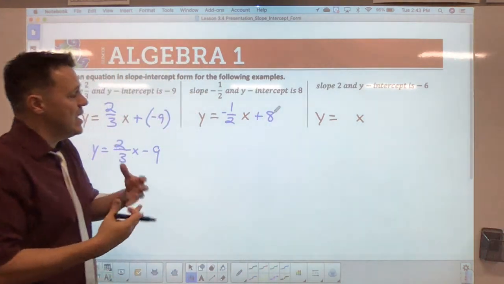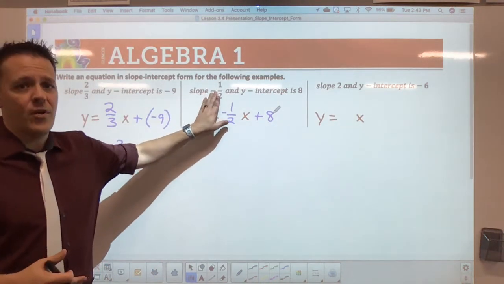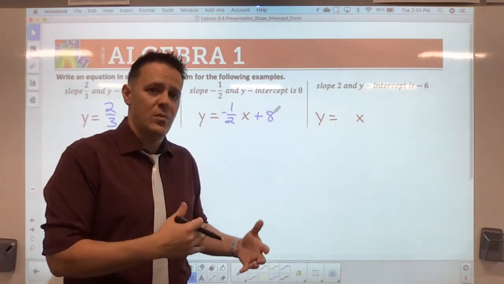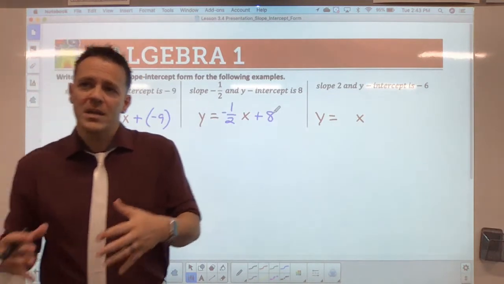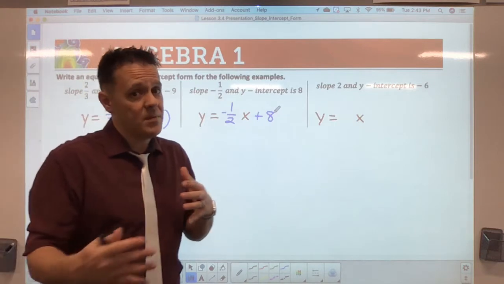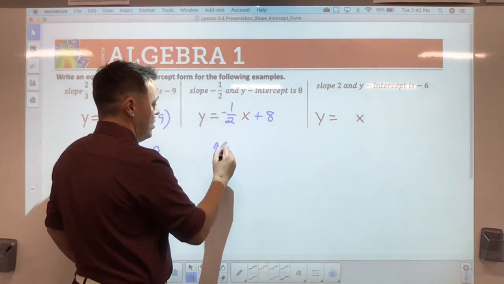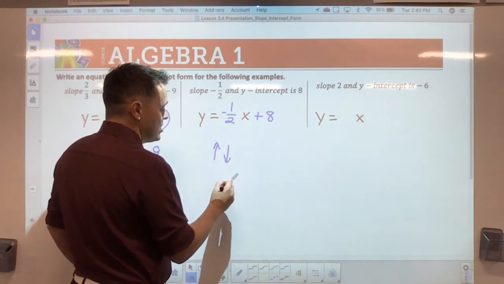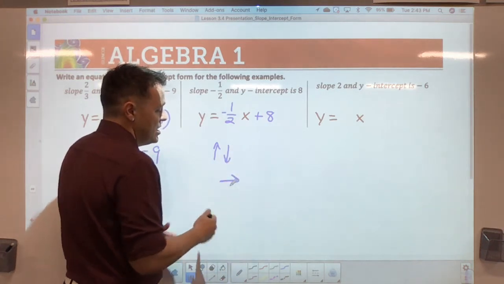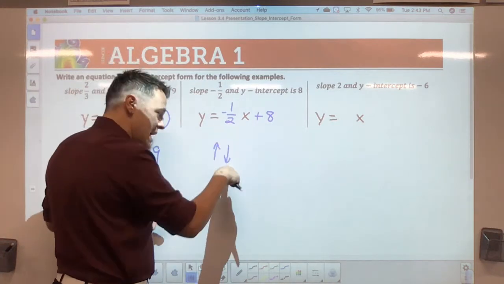Now, you can see on the example here, they put a -1/2 with a negative sign out front. When we're talking about slope with this form, I try to put the negative number with the top. The reason for that is when we've talked about rise over run, the graphs are either going to go up or down, and they're always going to go to the right. So what you need to know is, depending upon this number, is it positive or is it negative?